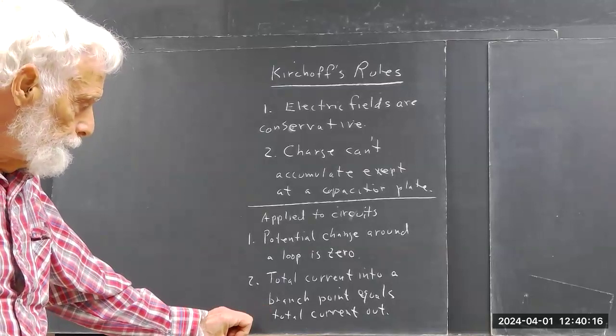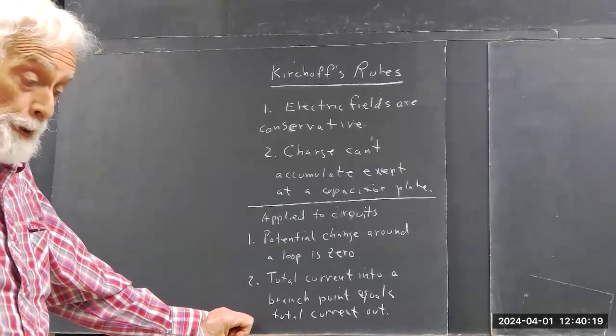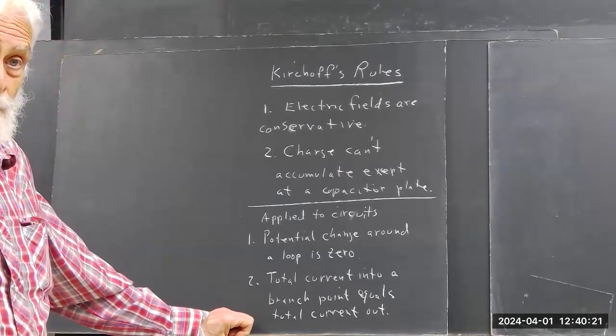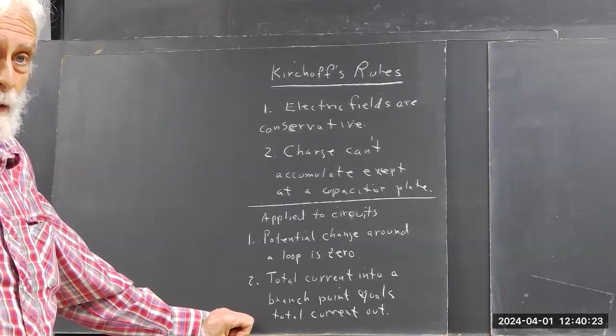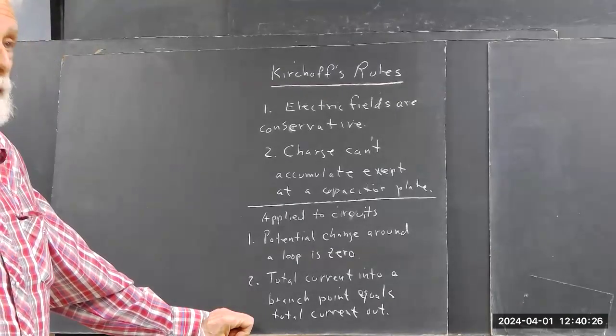Now, I've often stated that the net current into a branch point is zero, as currents out are just considered negative currents in.